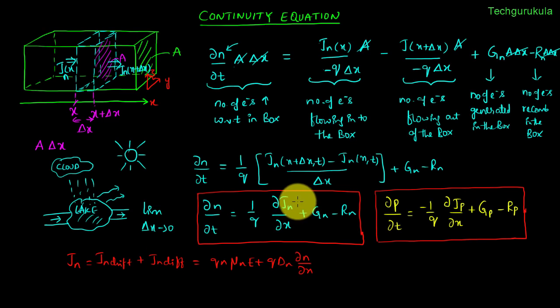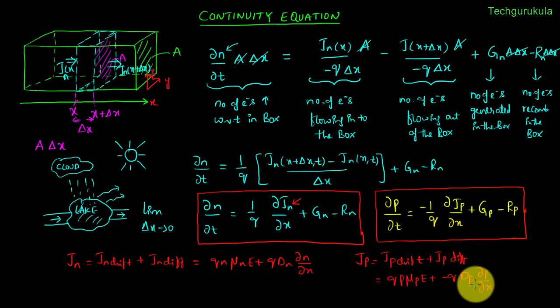Now in place of J_n, we are supposed to substitute this expression so that we get the expanded continuity equation in a single variable. And similarly, we can write for J_p, which is given by this equation. For completeness' sake, let me write the entire equation for electrons and holes by substituting J_n and J_p.